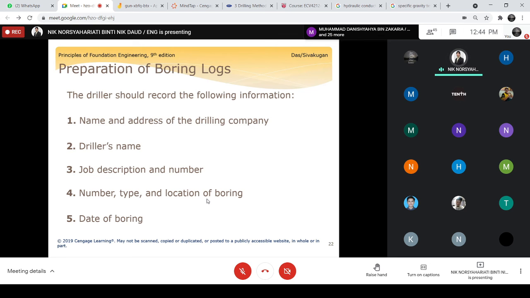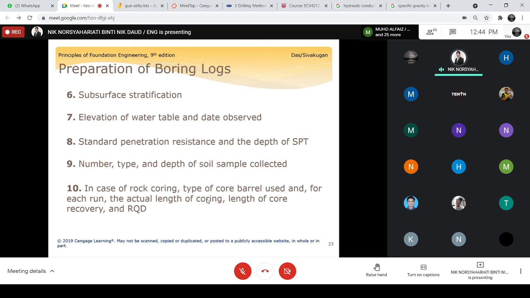For example, a 10 meter boring, D1, D2, something like that. The date of boring also needs to be jotted down. Then the subsurface stratification and the elevation of the water table, which is based on the piezometer, the piezometer borehole from before.